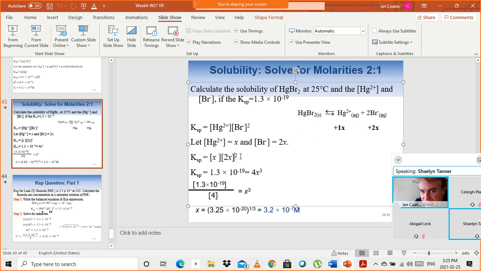You've got here, I'll see if I can do this somewhere else. So basically this whole thing here is equal to X, and there's a 2X and a 2X.